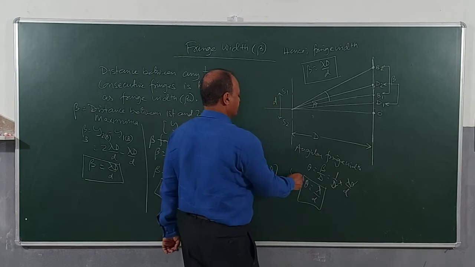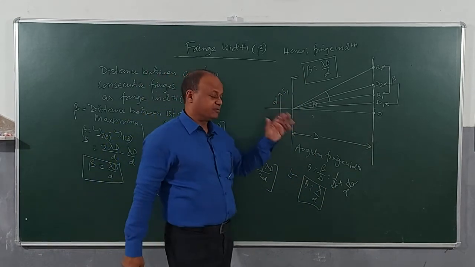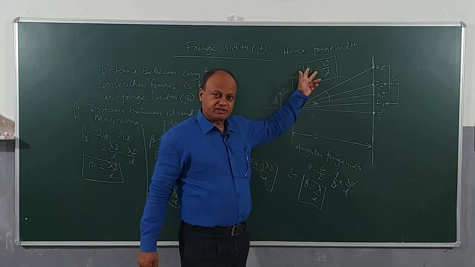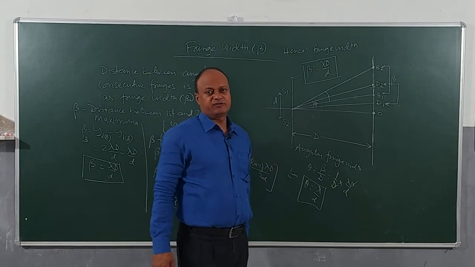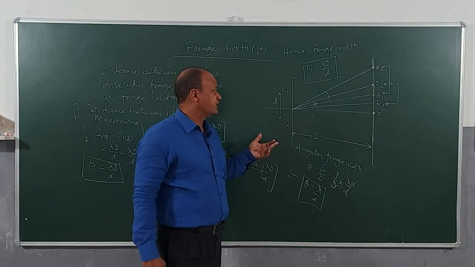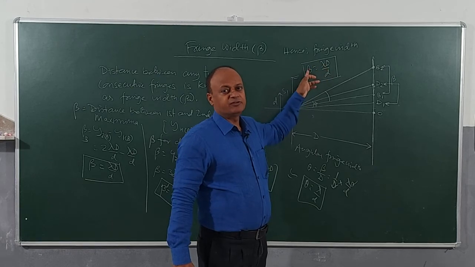So, children, we calculated two expressions. This is for linear fringe width, and generally if they do not ask you, you will be using linear fringe width. Clear? Linear fringe width, and this is angular fringe width. So, children, you can clearly see that if you increase the wavelength, then fringe width will also increase.